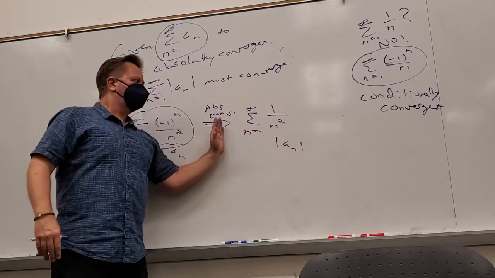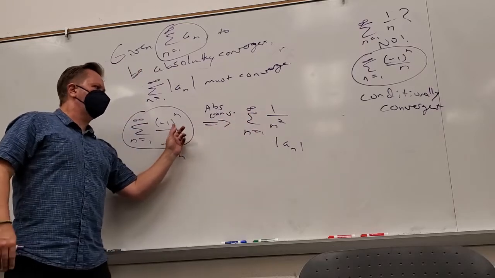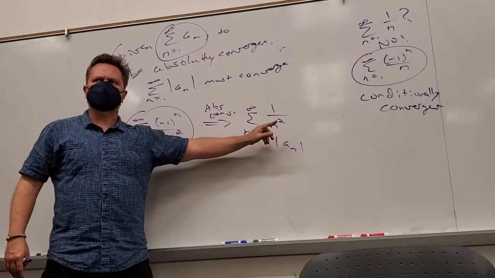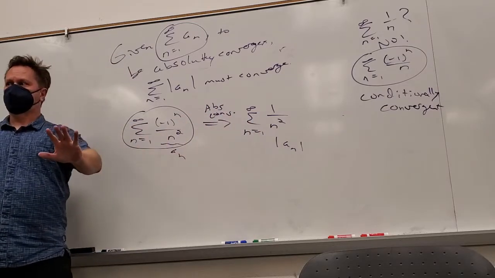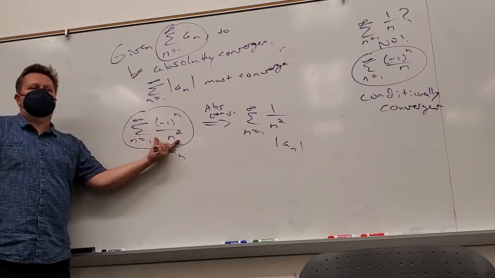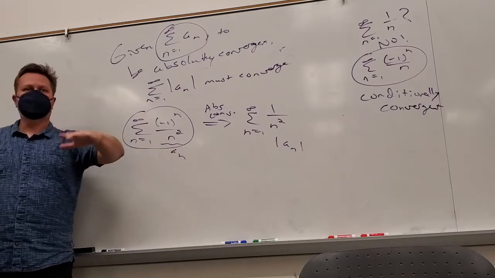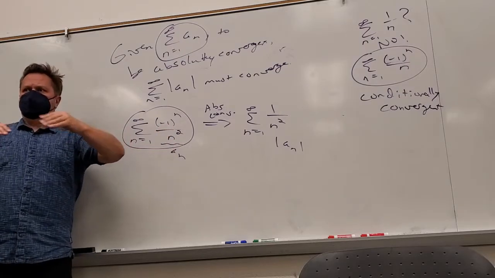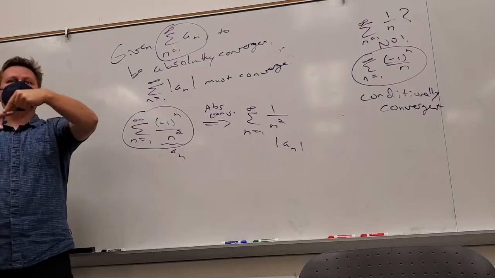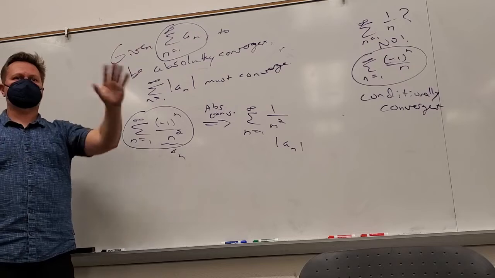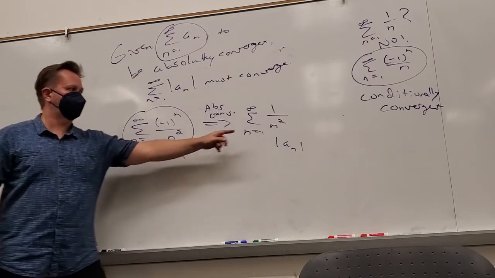So if I can show that the absolute value of what I'm given converges, I know what I was given converges. Why is this even better? Because some of the elements are negative. So it starts off positive, then it subtracts, and then it adds, and subtracts, and adds. It can never get to infinity then. That's an automatic thing if this is convergent.